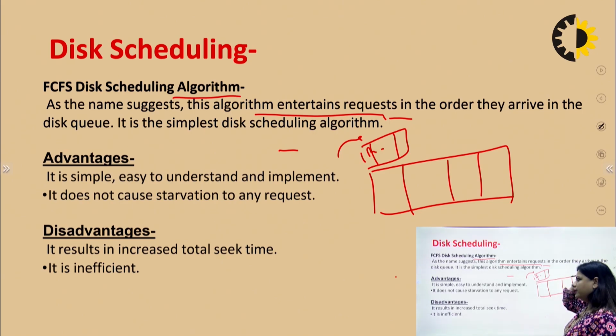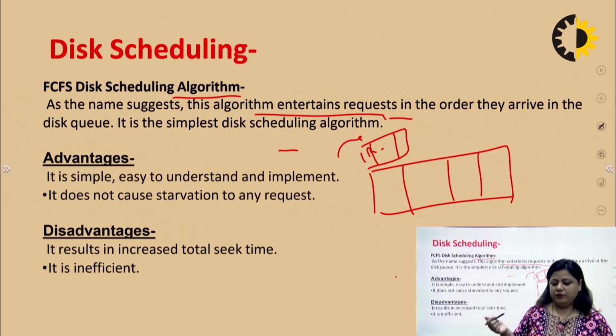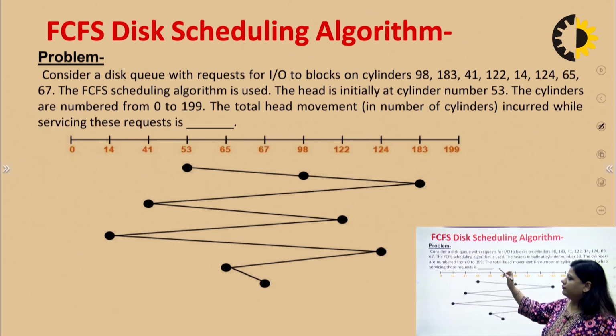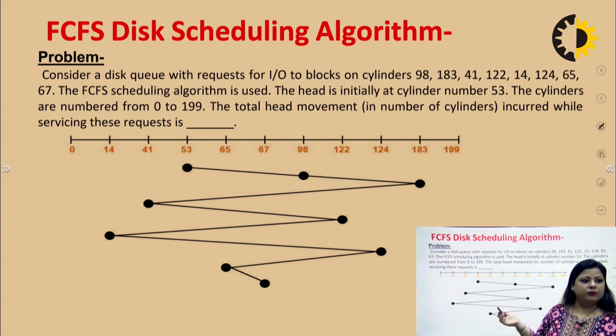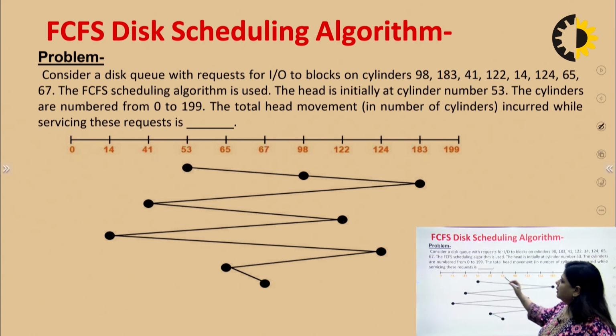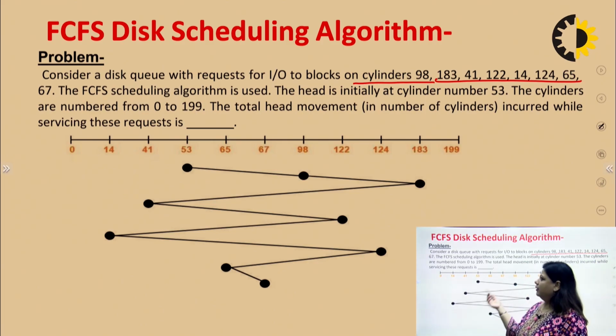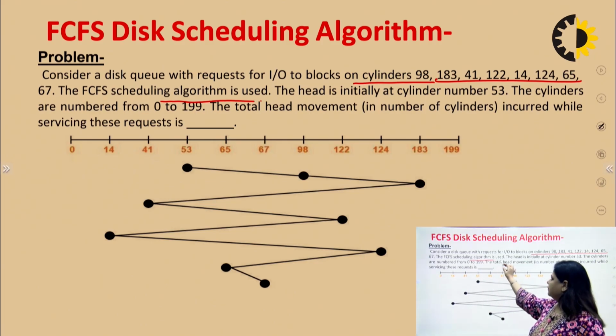So in disk scheduling, first come first serve behaves like this. Consider this numerical problem of a disk scheduling algorithm. Consider a disk queue with requests for input output to blocks on cylinders 98, 183, 41, 122. This is the queue given in the question, and the FCFS scheduling algorithm is used.